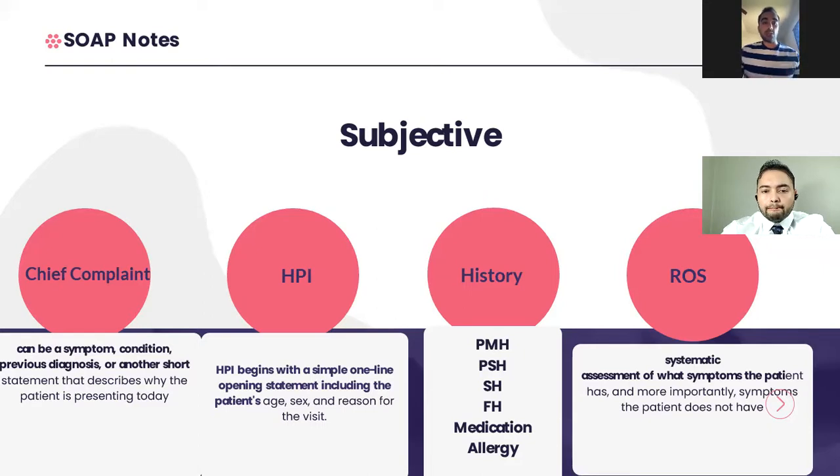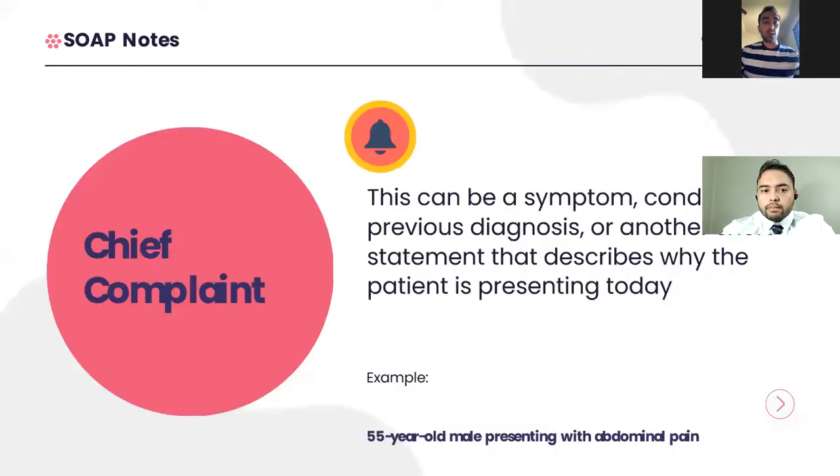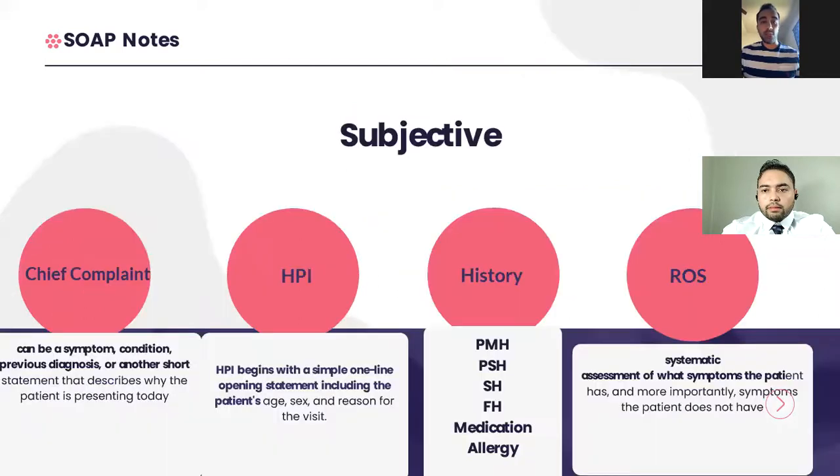And again, as Mustafa said, objective is about your physical exam, lab findings, microbiology, diagnostics, any imaging that has been done since the patient's admission. But to be honest with you, in real life, we don't do the objective every day.